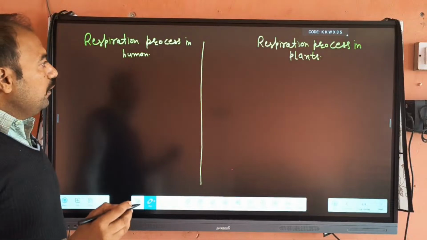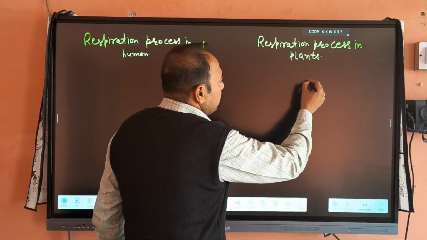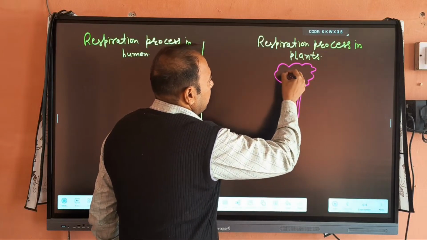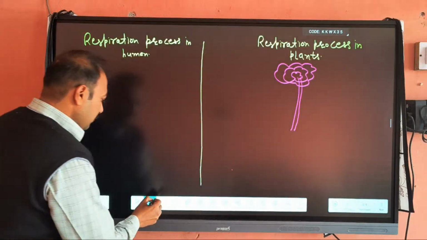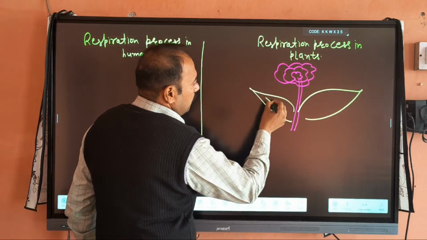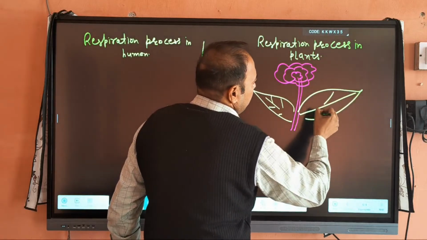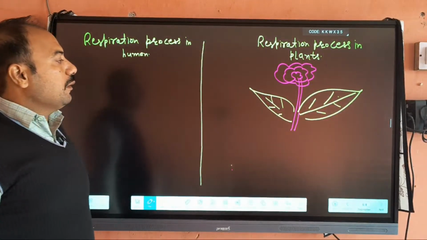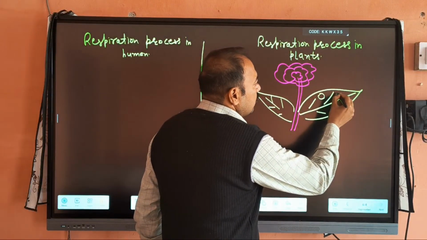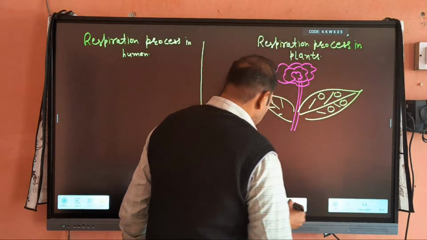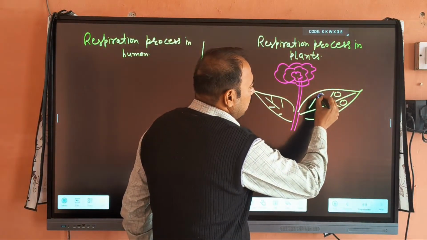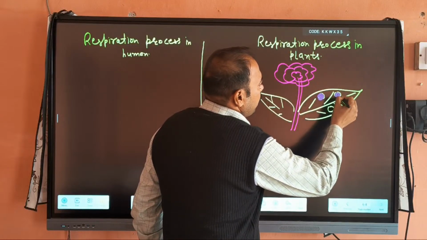So for example, we make a structure of a plant. This is a plant. A plant contains many small stomata, and we can draw them in a different color so we can understand easily.